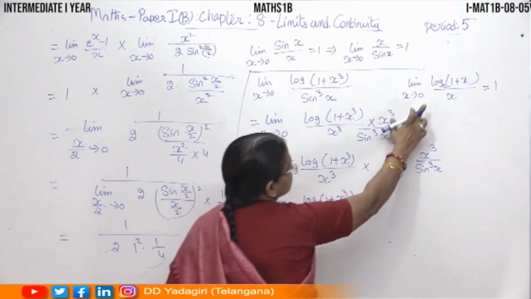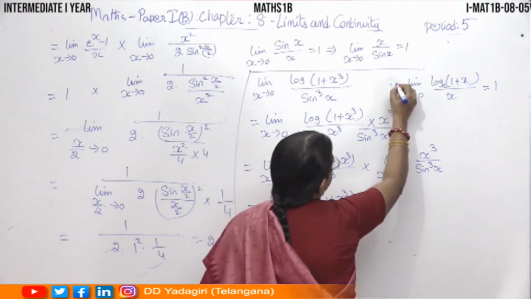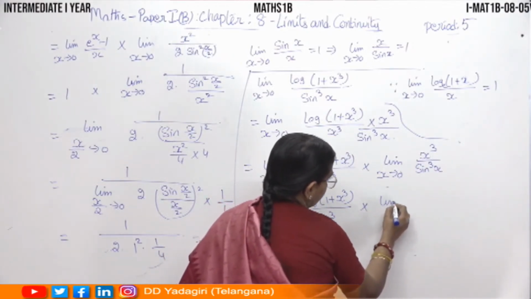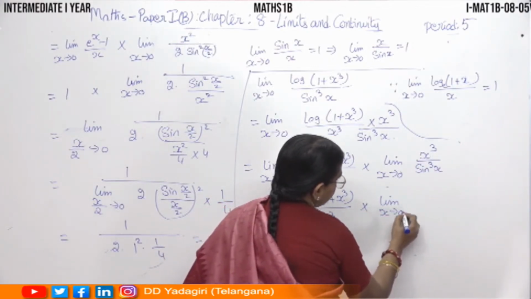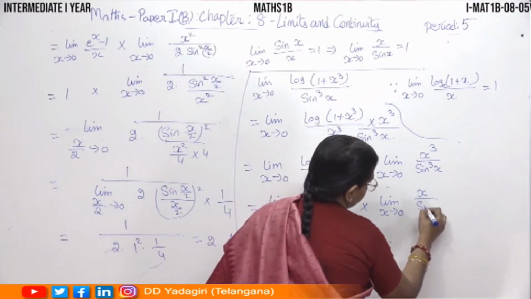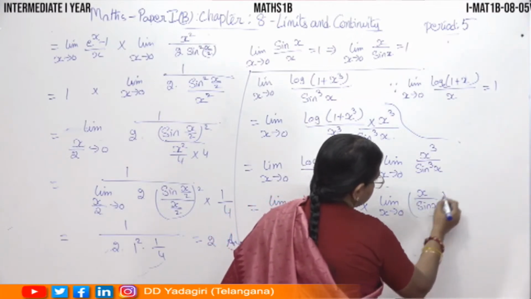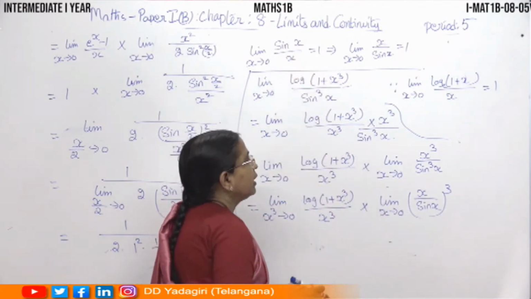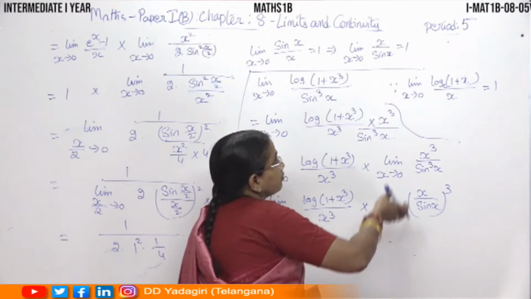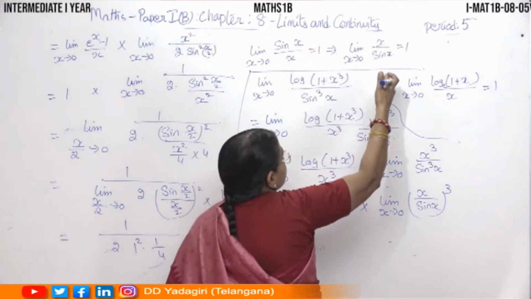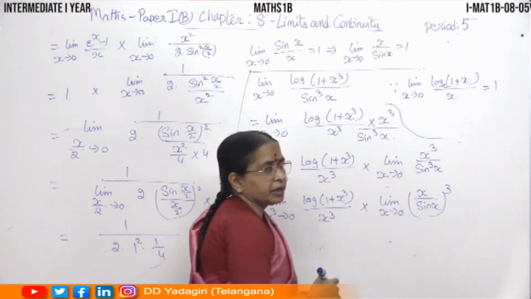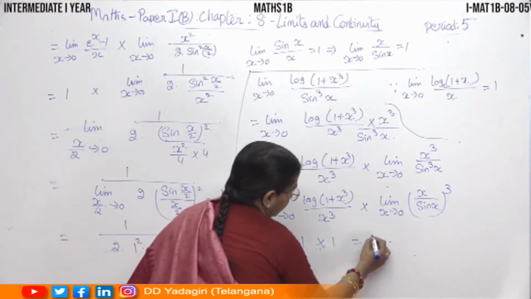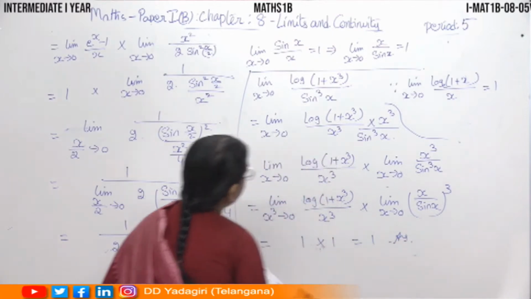Now it is in this standard limit, into limit x tending to 0 of x by sine x whole cube. Limit of x by sine x is also equal to 1, because you can take this to the denominator and the limit also to the denominator. So this is 1, that is also 1. Like this we do.